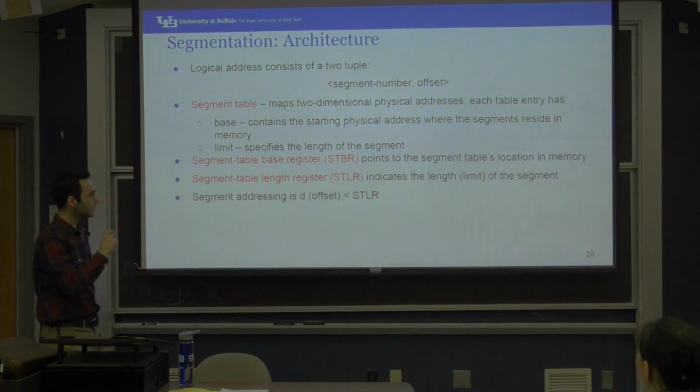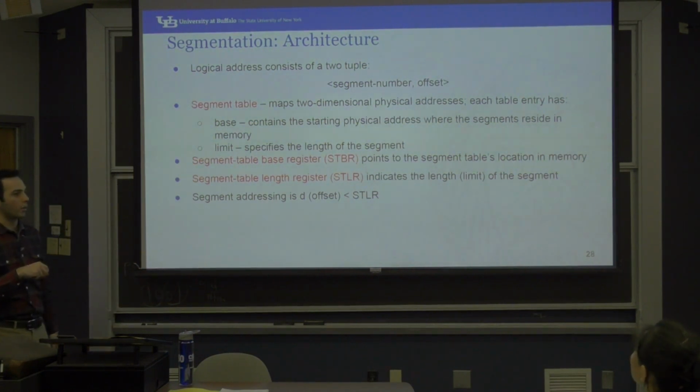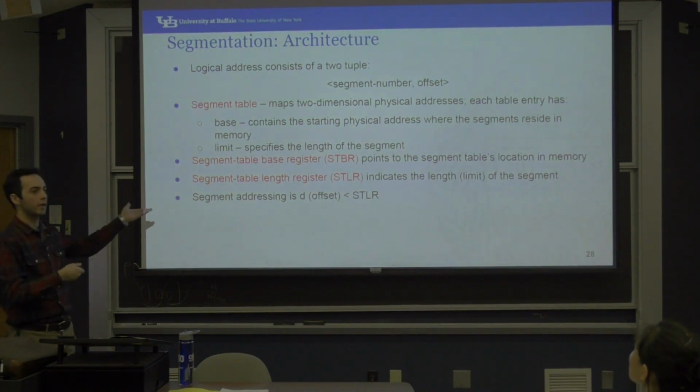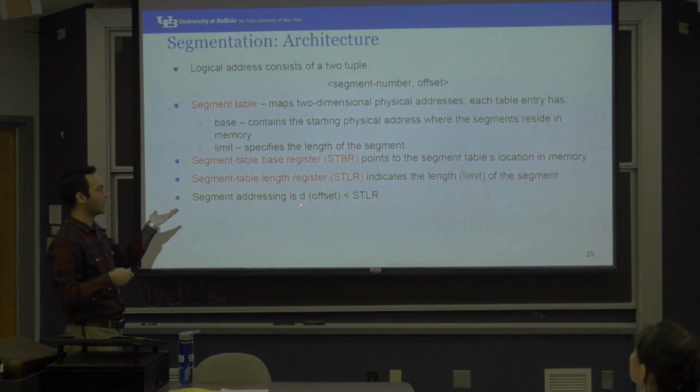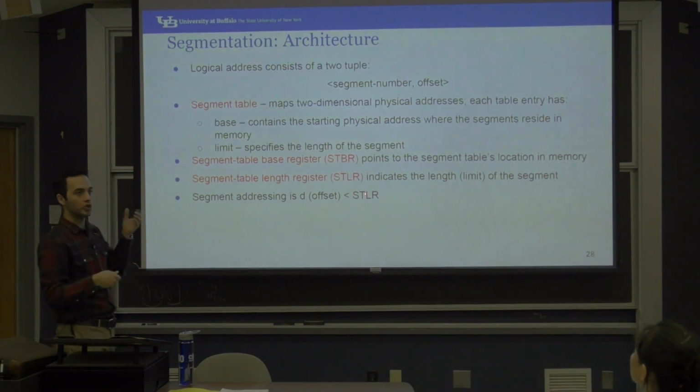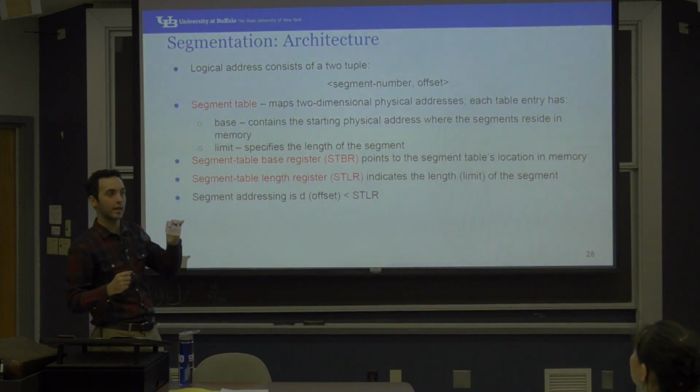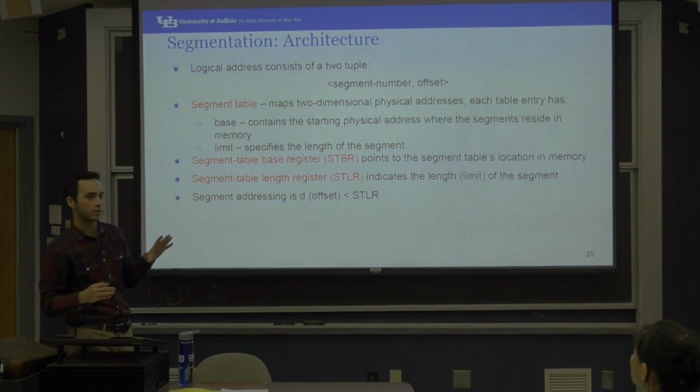And how are we going to check that we're not going over the allocated space for each segment? It's the exact same way we did before. We have a limit register, and the hardware checks the offset that the user program is trying to access. Is it within the range or not?